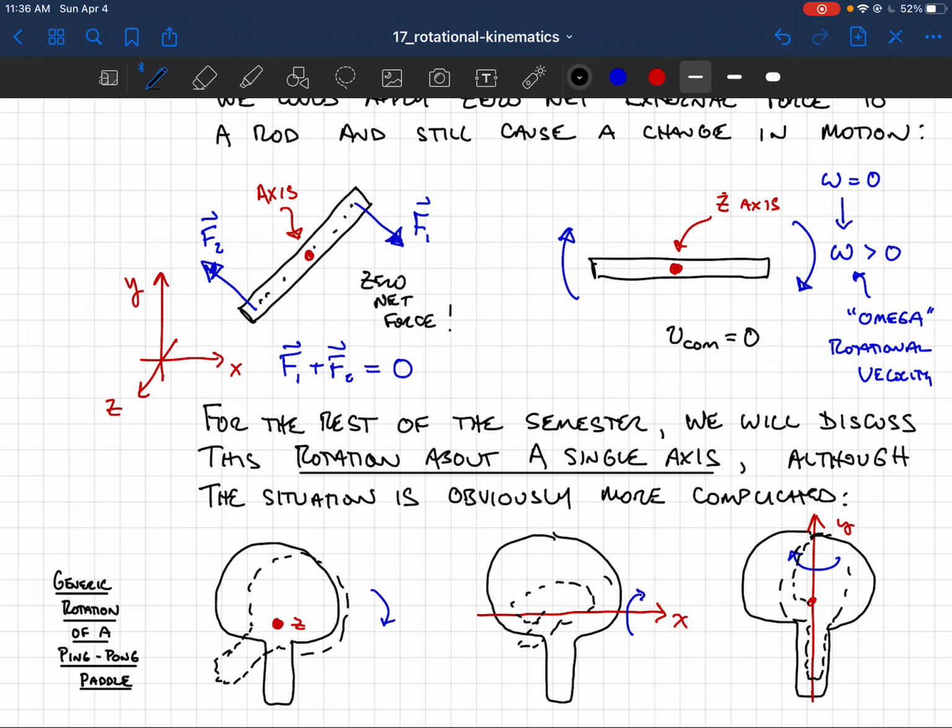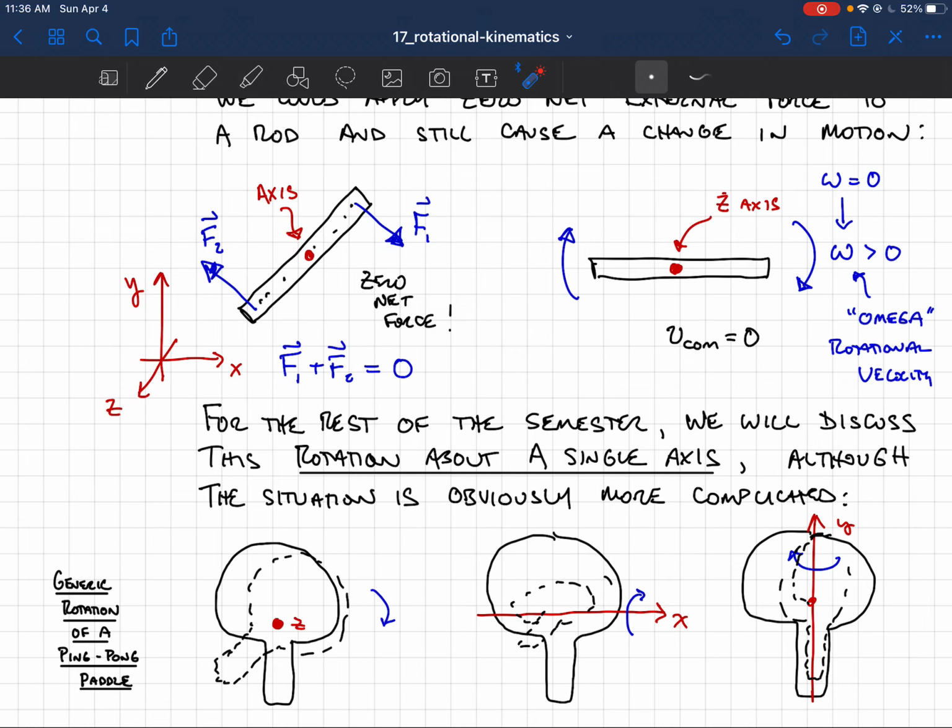So the generic rotational motion of an object is that it could rotate about any of three axes in three-dimensional space, and in fact it could do all of them at the same time. So you could try this with a ping pong paddle. You could throw it across the room and try and give it some generic rotation, and you'll see that it rotates about all three of these possible axes.